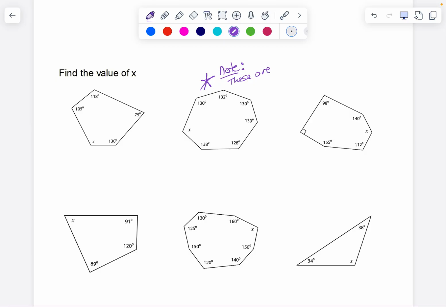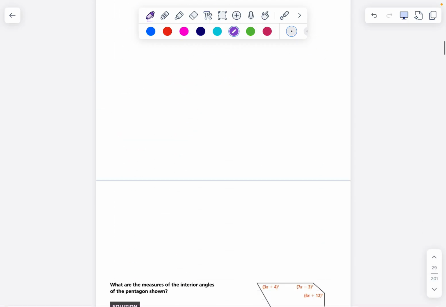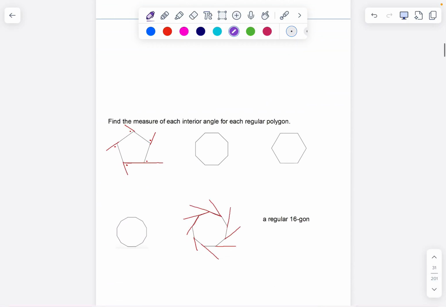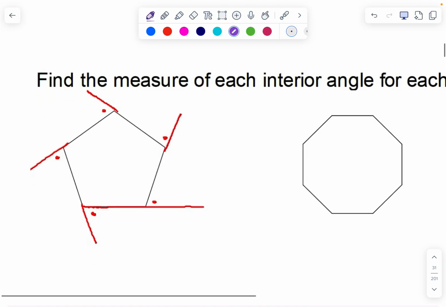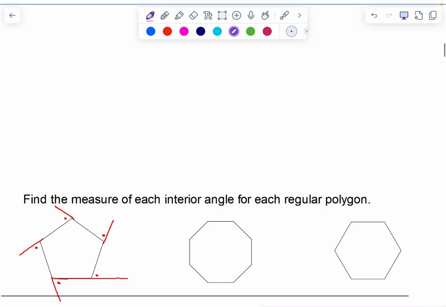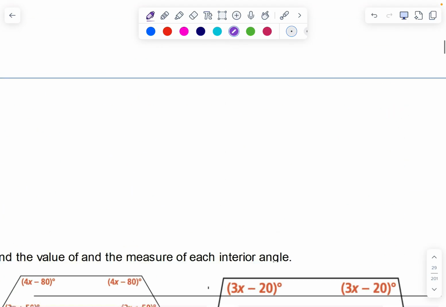Yeah, these are interior angles. I suppose it would be probably beneficial if I showed you the other kind, which is exterior. So like those kind, okay? All the red lines are me highlighting the extensions, but the exterior angles of a pentagon in that case. Okay? So clearly these are interior when we compare them to that picture.